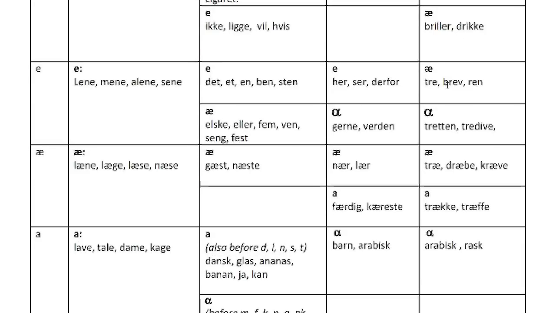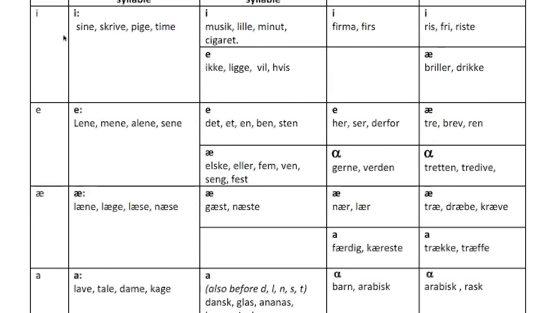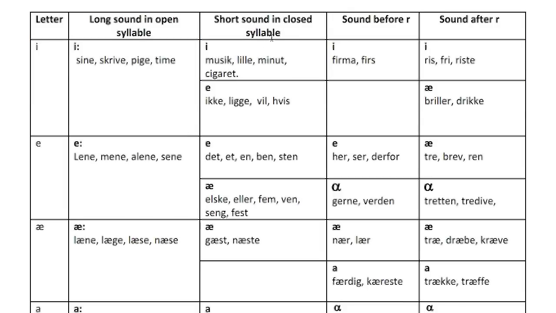Yes, so now let's take the second I. So the first one was I, and this one is E. It is more open. Now we'll take it in the long syllable. Lene, mene, Eline, sine. In the short variant, it is pronounced as E: et, in, ben, sten.